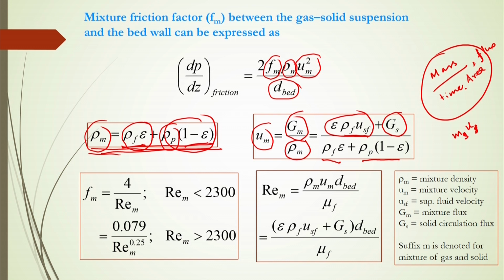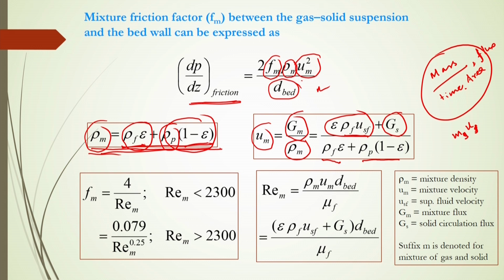So, this way you can calculate this mixture velocity inside the bed. Once you know the mixture velocity inside the bed, you just substitute it in this Fanning equation for frictional pressure drop, then you can get the final value of the frictional pressure drop. Now, for this Fm is required.